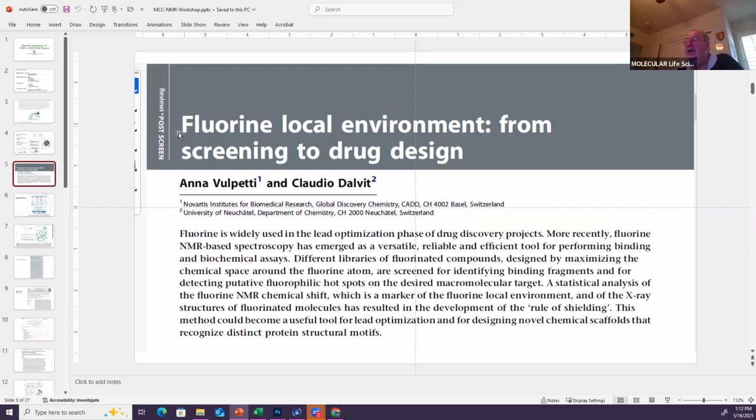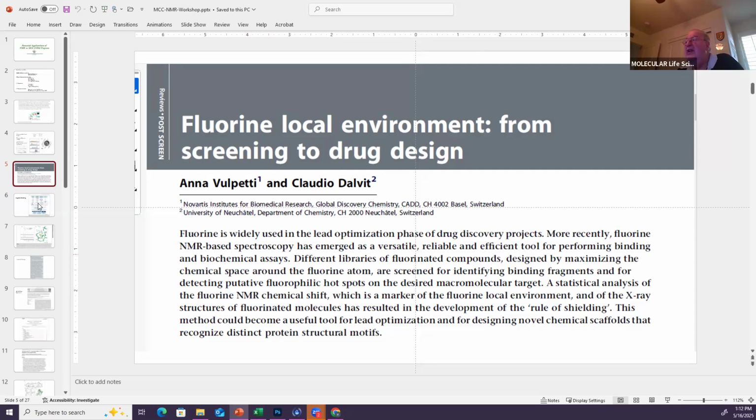The fluorine local environment can be used for screening ligands or conformation, for drug design. This is a cool paper.